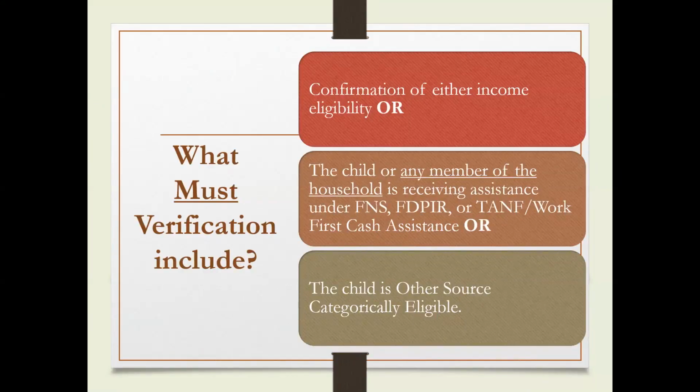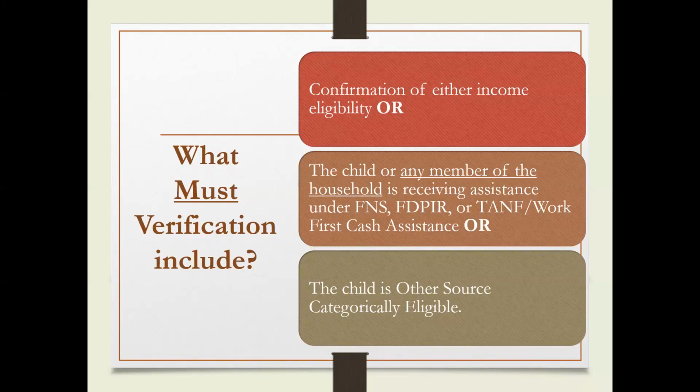What must verification include? It must include either confirmation of income eligibility or confirmation that the child or any member of the household is receiving assistance under Food and Nutrition Services, which is formerly food stamps, Food Distribution Program on Indian Reservations, which is FDPIR, or Work First Cash Assistance, which is formerly known as TANF.